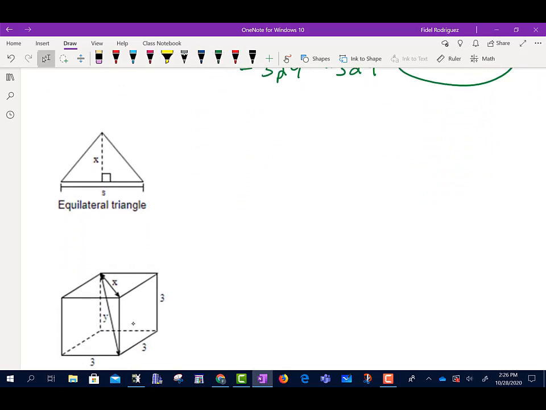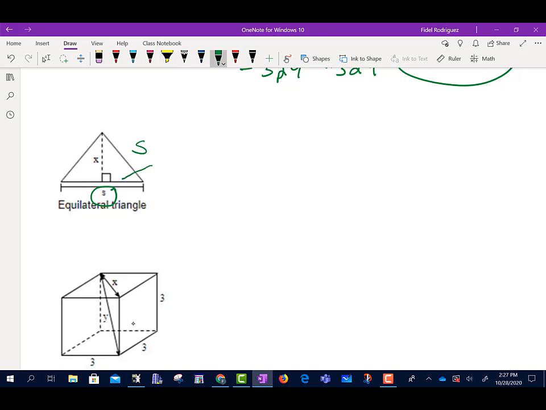All right. So we have an equilateral triangle, and we're trying to find the value of x right there. If this whole piece here is s, then this whole piece is also going to be s.